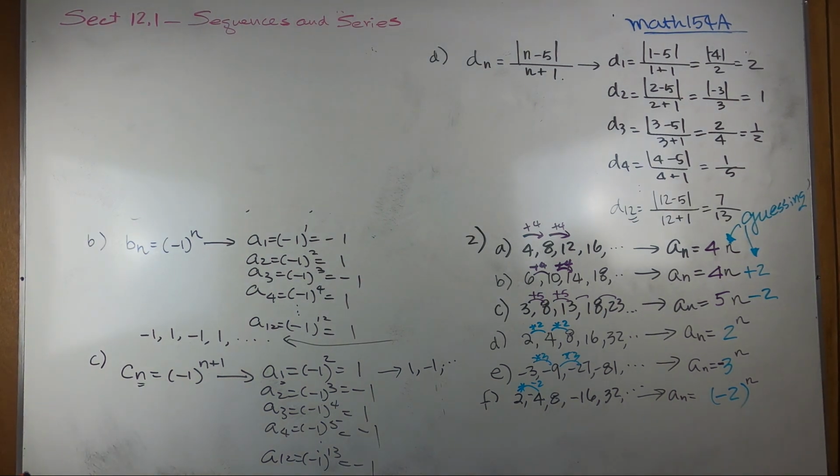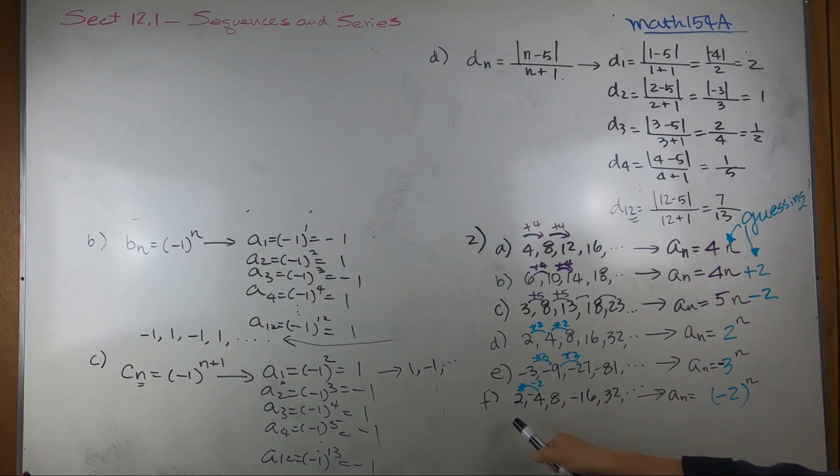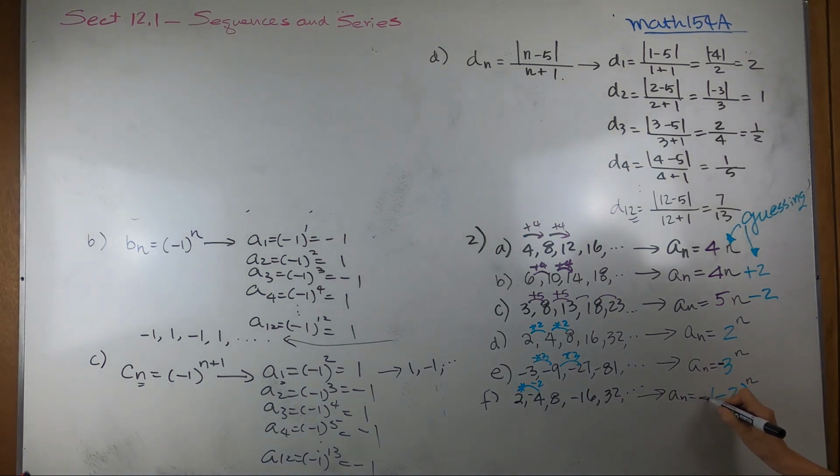However, you have to check. It's multiplied by -2, but N is 1, that would be -2. N is 2, it's a +4. So the difference is this one. You have to use negative in front of it to match with the patterns.